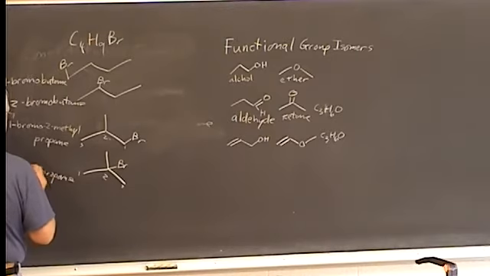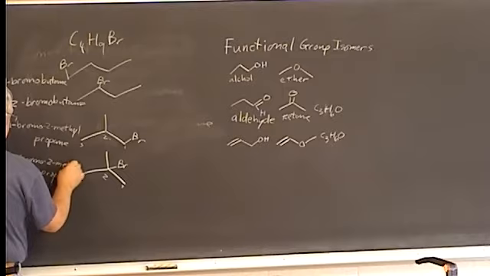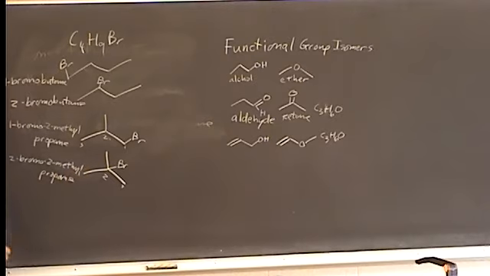And this time it would be, instead of 1-bromo-2-methyl, it would be 2-bromo-2-methylpropane. Okay, so those are the 4 isomers of C4H9Br.